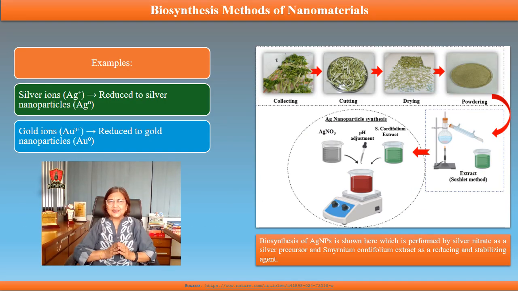Biosynthesis is a process where biological molecules like enzymes, proteins, and sugars reduce metal ions into nanoparticles and also stabilize them. For example, silver ions can be reduced to silver nanoparticles, and gold ions can be reduced to gold nanoparticles.